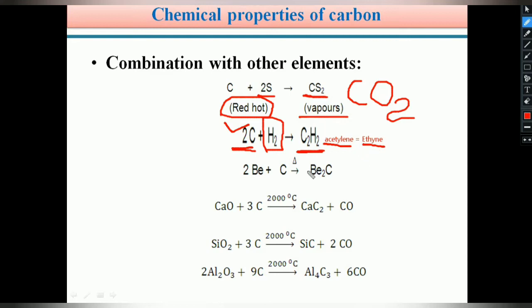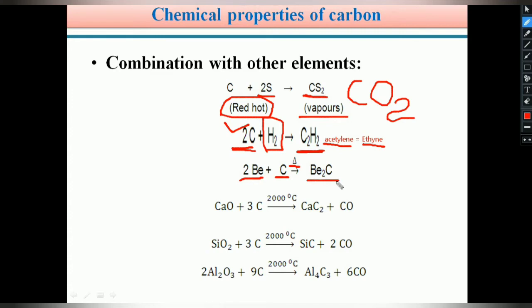Okay. Similarly, when carbon is treated with beryllium metal, an alkaline earth metal, an s-block element, second A group element, as we know, red hot carbon with beryllium at high temperature produces beryllium carbide, Be2C.